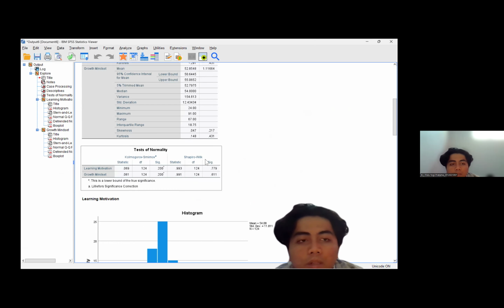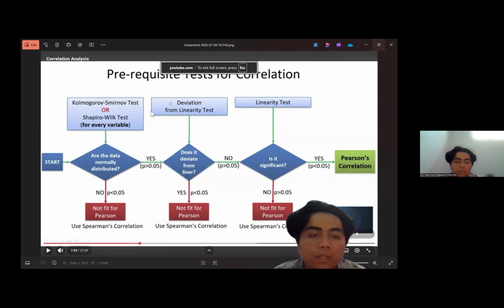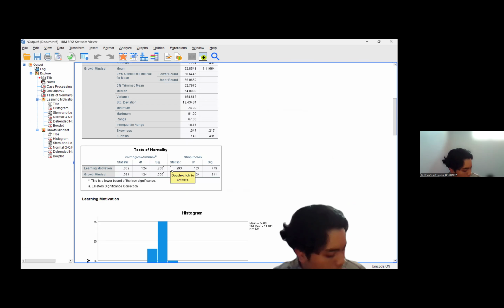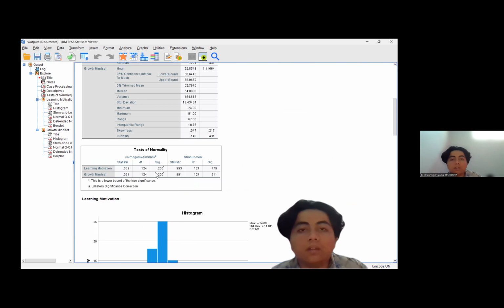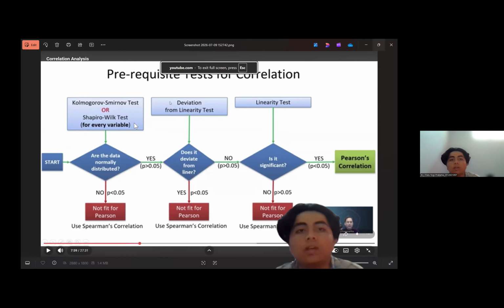And in Shapiro-Wilk, learning motivation has a significance value of 0.779, and growth mindset has a significance value of 0.611, which is above the 0.05 also, which means that the data is normally distributed. So we can move to the next step.